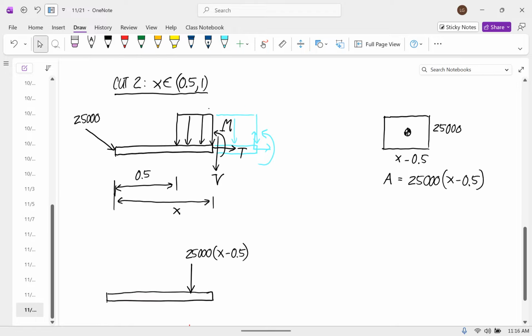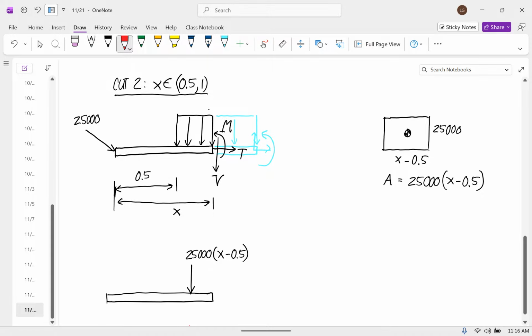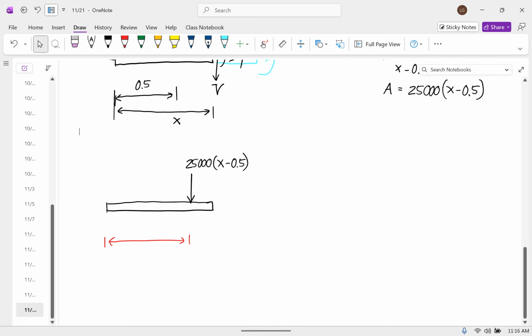Well, the distance from the left end to the left side of the distributed load is 0.5. The distance from the left end to the right of the black part of the distributed load is x. So the midpoint of that region is just the average of 0.5 and x. So this distance is x plus 0.5 over 2, or 0.5 times the quantity x plus 0.5.